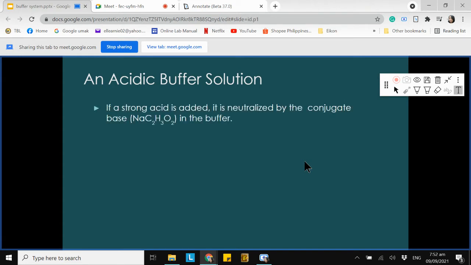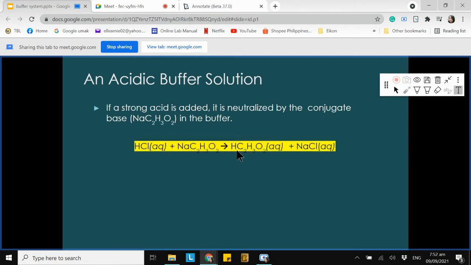Now, if you add a strong acid to a buffer solution, the one that will act on it is the conjugate base. So in the equation you have hydrochloric acid plus sodium acetate. Yan yung magre-react.